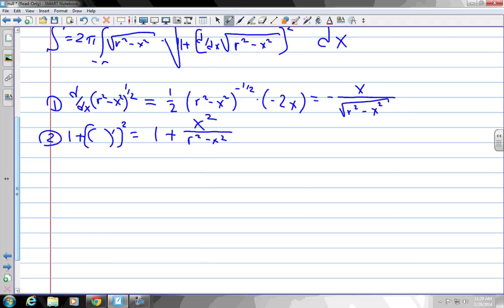Is that okay? So now if I do the common denominator here, if I add 1 to it, the denominator is r squared minus x squared, so you'll get r squared minus x squared plus x squared. So x squared cancels, and you end up with r squared over all that. Is that right?